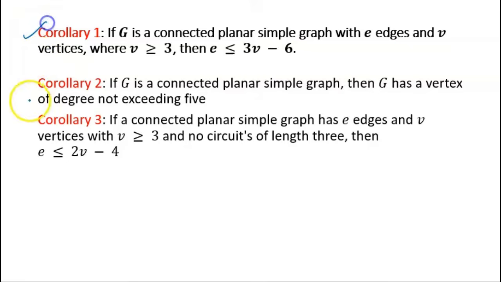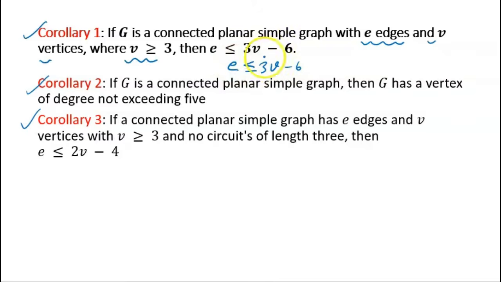So there are three corollaries, and I'm going to state them, and I would request you to try to prove the corollaries. What is the first one? If G is a connected planar simple graph, which is the requirement for planarity, with E edges and V vertices, with the number of vertices greater than or equal to 3, then E should be less than or equal to 3V minus 6.